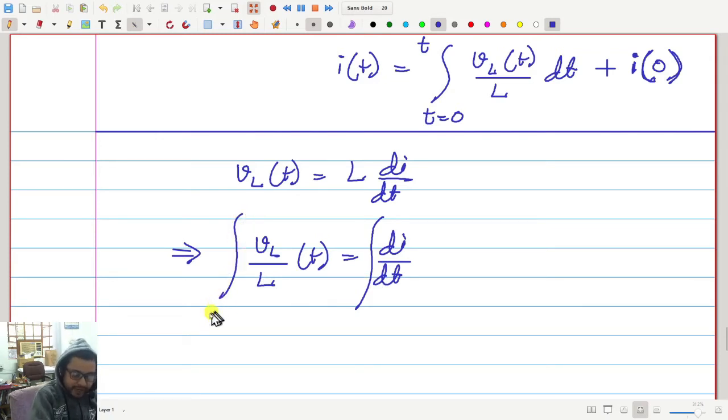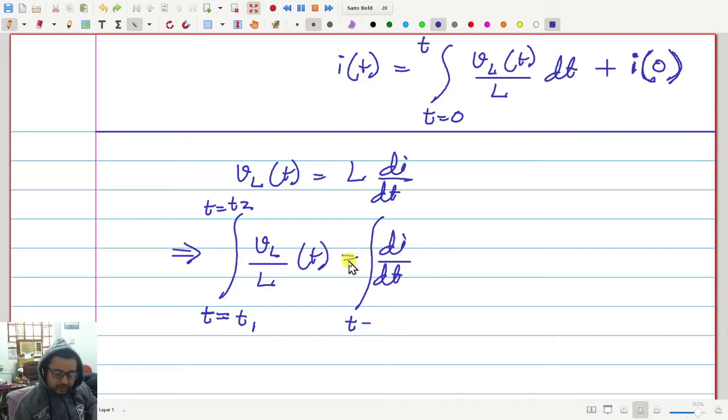Whatever limit you like, you can do it in this way. Suppose t equal to t1 to t equal to t2. On this side also you have to do this. dt will also come here.